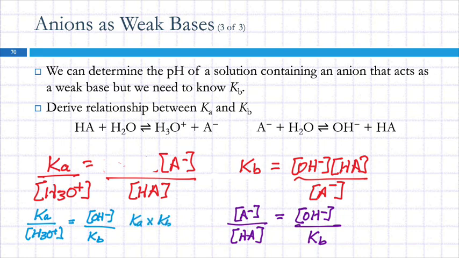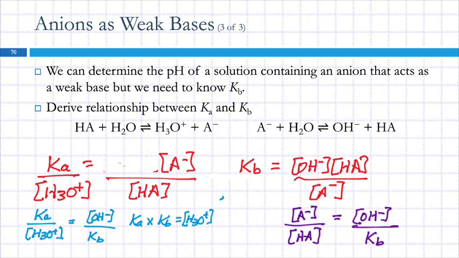Ka times Kb equals the hydronium ion concentration times the hydroxide ion concentration. And what does this equal? Kw, right? Which is 1 times 10 to the minus 14.